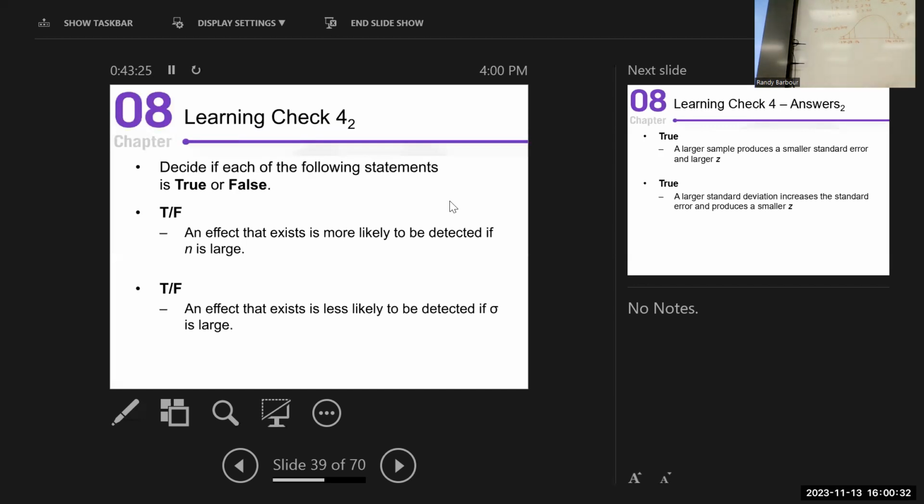So if I increase my standard deviation, let's do this one. We're going to call it 10. 10 over the square root of, wow, 2. Then I put that up here.